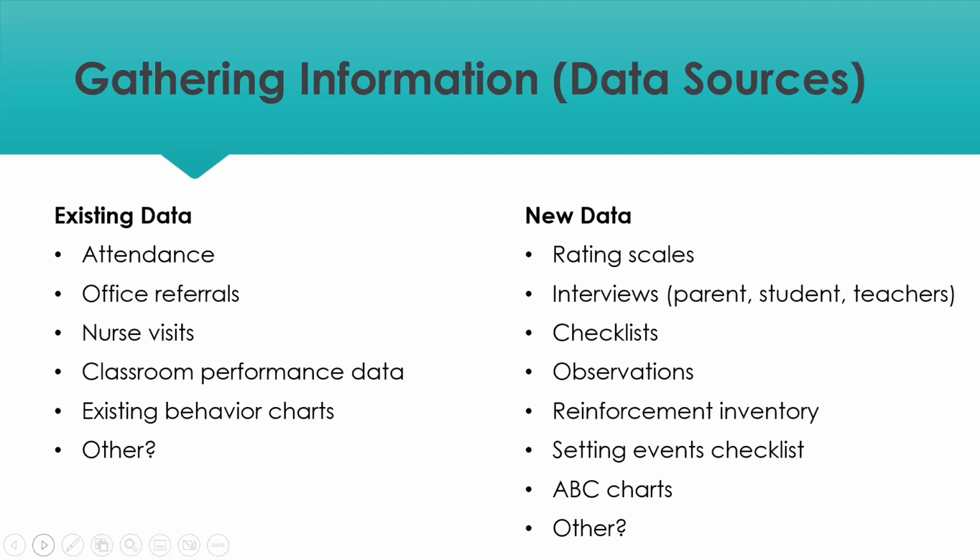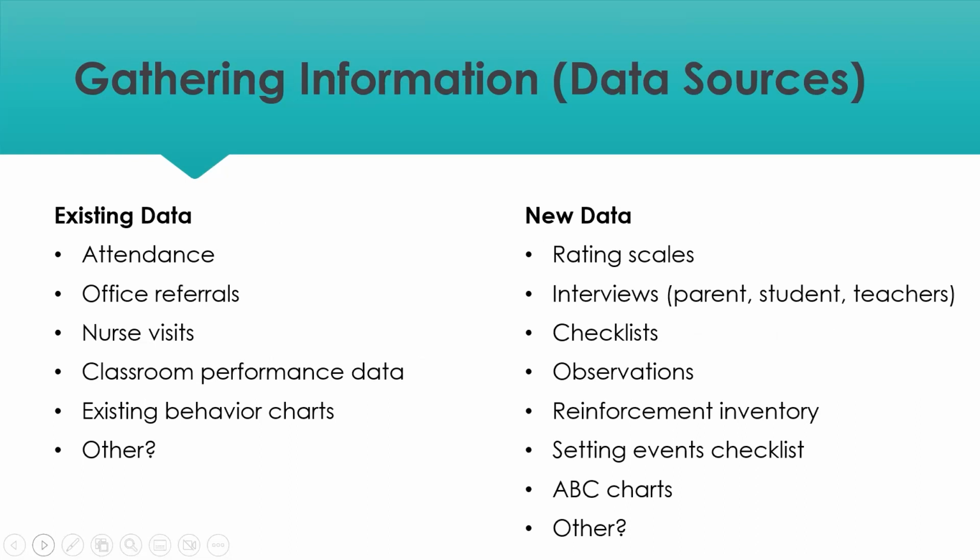So here are some examples of existing data. Attendance, usually you have an attendance person, that's pretty easy to get. Nurses are really good at keeping track of data. If you have an assistant principal or principal that does referrals, usually that is written. Any kind of behavior charts that teachers keep, observations, checklists.